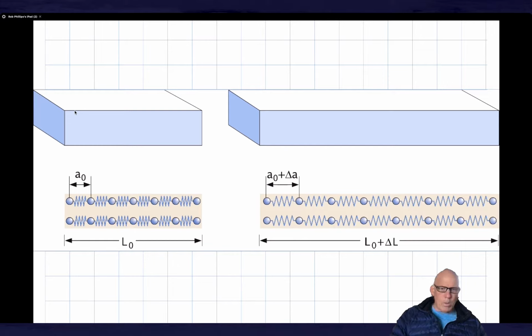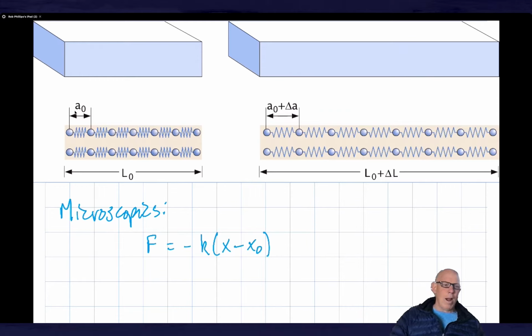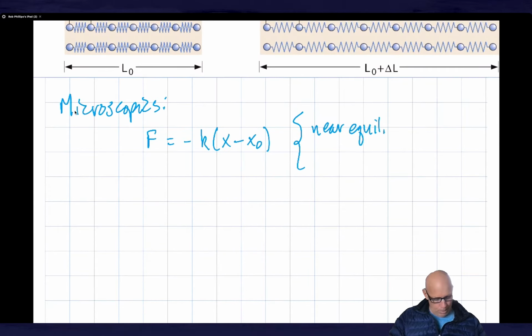So what we're going to do is think about how to parlay our understanding of the atomic level action, at the microscopic level, into something larger. We know that we have a force between atoms somehow of this variety. So this is near equilibrium, and it's very important that I make that proviso, because more generally, if I were to draw the potential energy, and it doesn't even have to be radial like this, it would have some form like this.